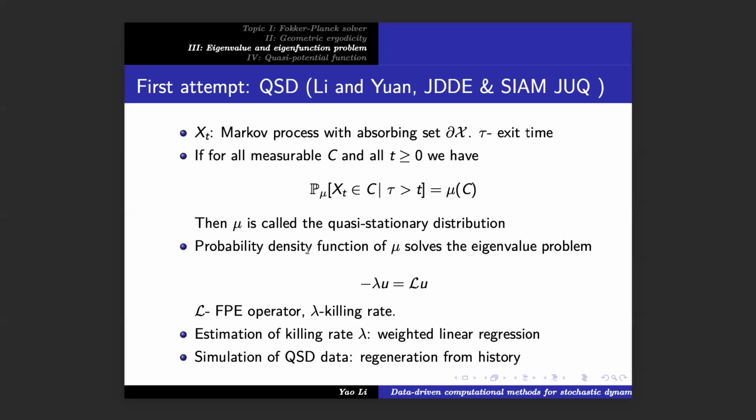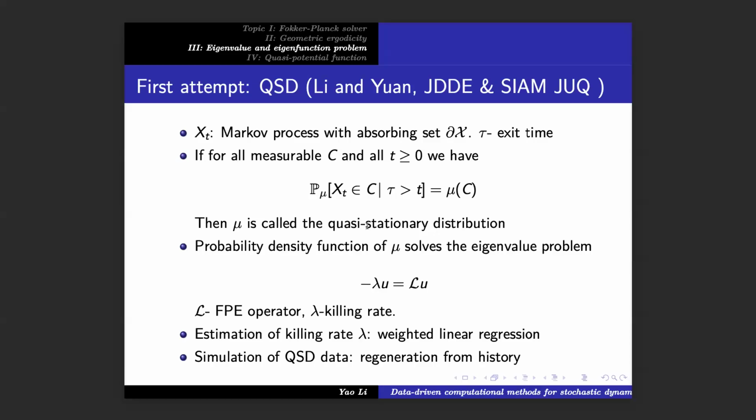The very first attempt was to consider a slightly changed version of the steady state, which is the quasi-steady state. This is essentially one eigenfunction. This is still an eigenfunction, but the good thing is that it's easier to do the Monte Carlo simulation and simulate this eigenfunction directly, which means you can estimate it.